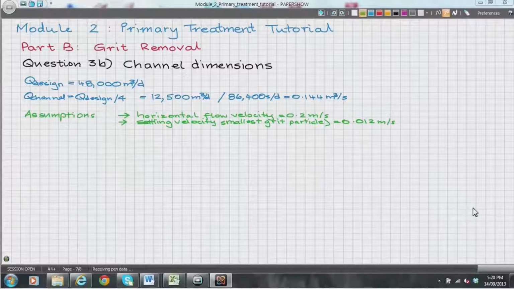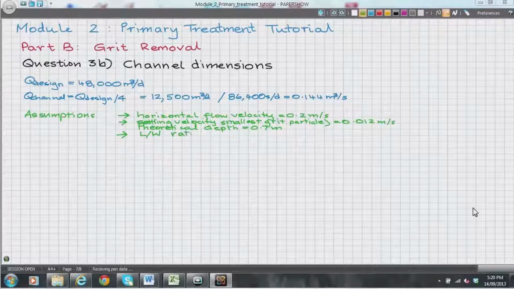That settling velocity is derived from Stokes' law based on the particle size. Then we're going to assume a theoretical depth of 0.7 meters. We know that the length to width ratio, the range that is acceptable for grit removal of a rectangular profile, is 10 to 15.